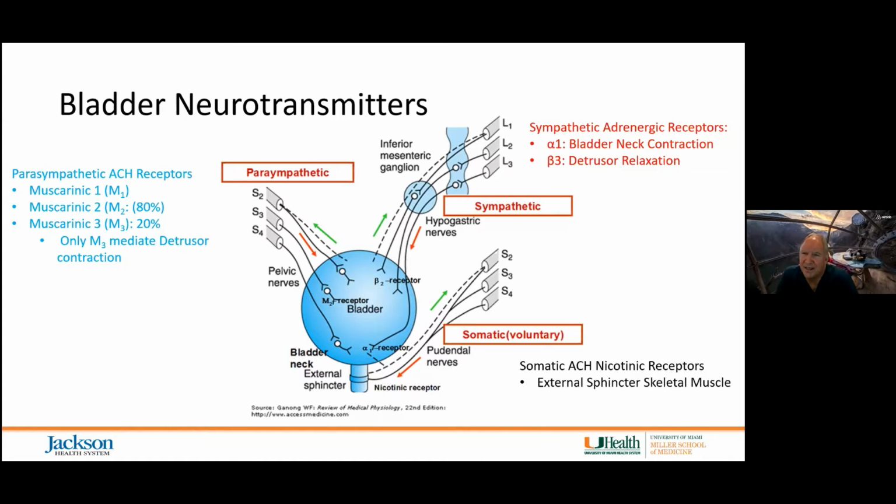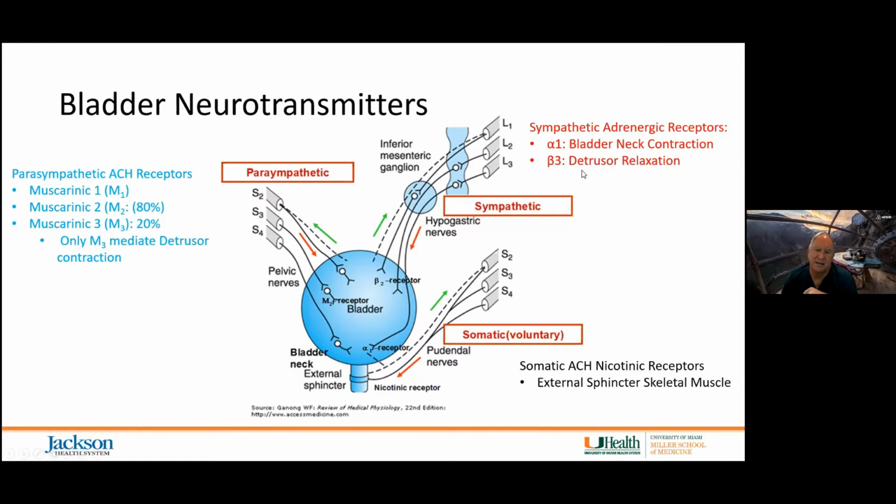The sympathetic adrenergic receptors, the alpha 1 receptors, lead to bladder neck contraction. So sympathetic influence causes bladder neck contraction through the alpha 1 receptors.